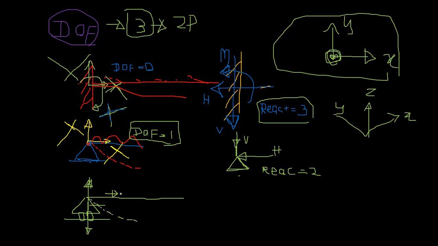It can go in this way. That's a roller, right? So the only restriction is the translation in y direction, right? So you will end up with a reaction in y direction only, right? So reaction equal to 1. These are the degrees of freedom available.